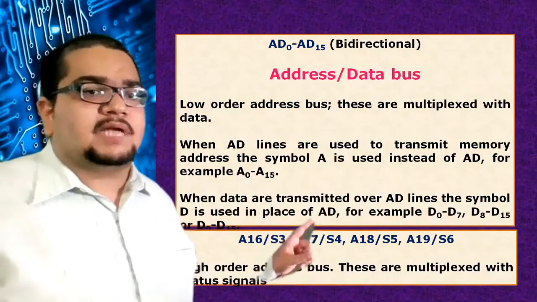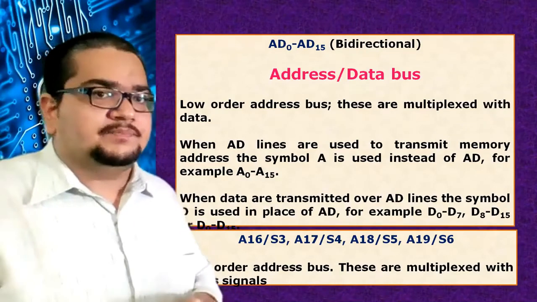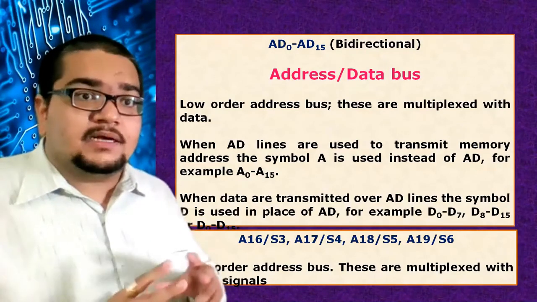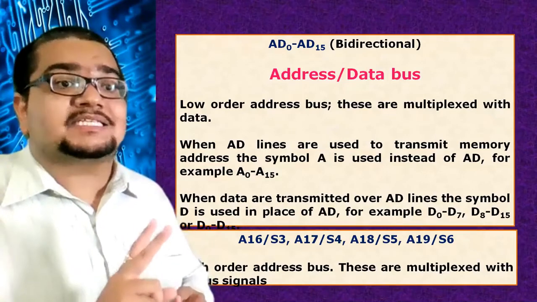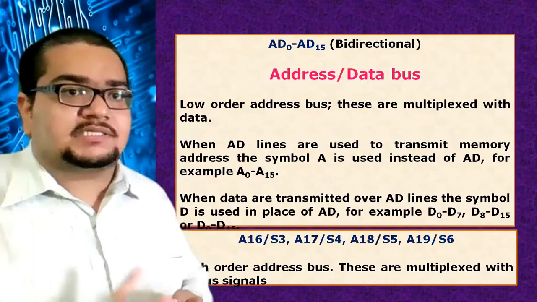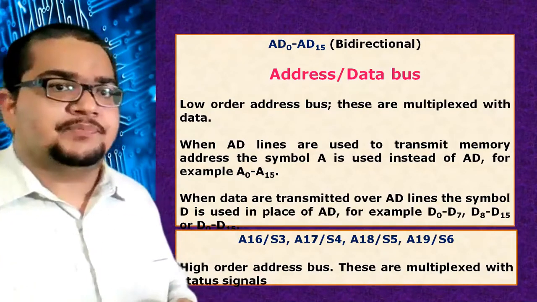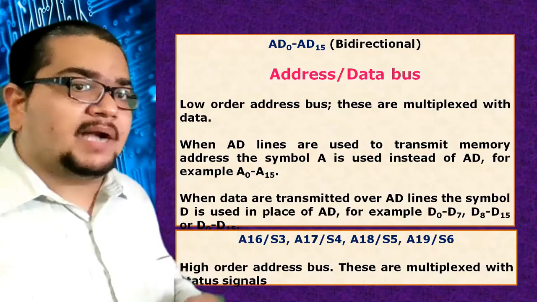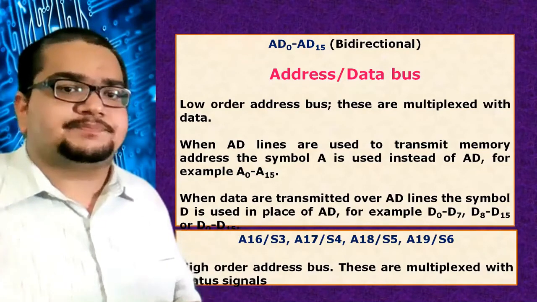The complete data bus is there, here D0 to D15. How many bits is the total data bus? That is 2 bytes, 16 bits. The address bus is more than 2 bytes, that is 20 bits. You can say 2.5 bytes, or 2 bytes and 1 nibble. 1 nibble is 4 bits.